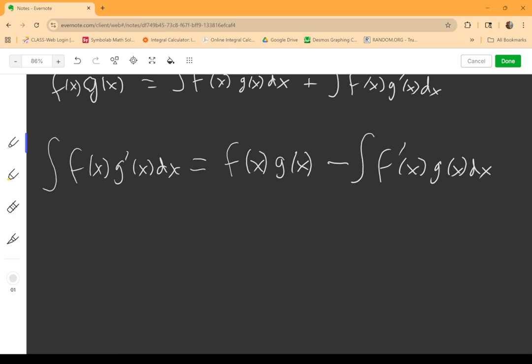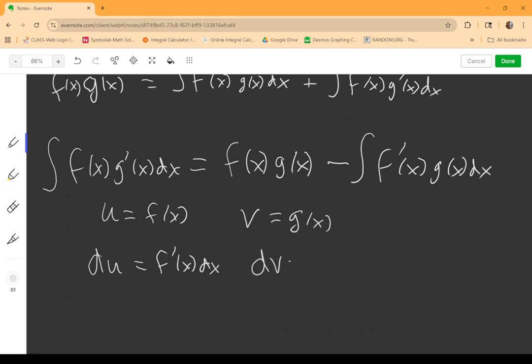Now, by convention, almost all calculus books I've seen do this: we make a substitution to have a more compact version. We let u be the function f of x, and we let v be the function g of x. Using differentials, we know that the change of u, du, is f prime of x times dx, and the change in v, dv, is g prime of x dx.